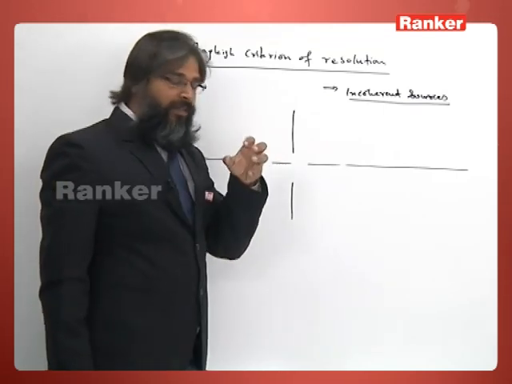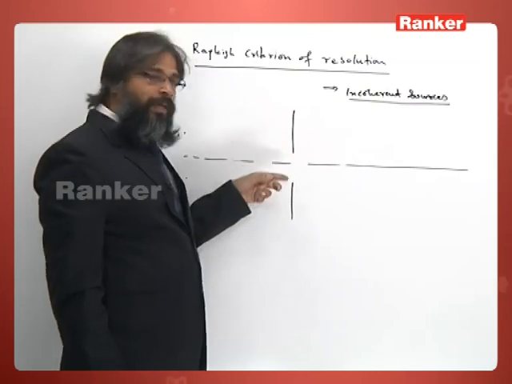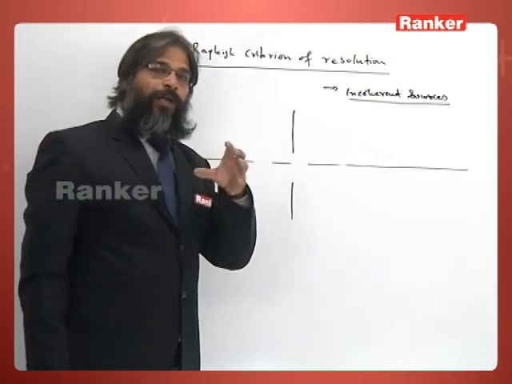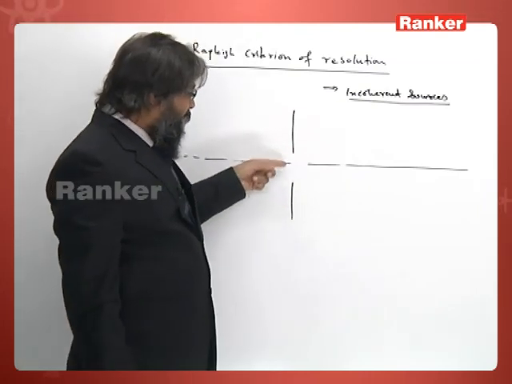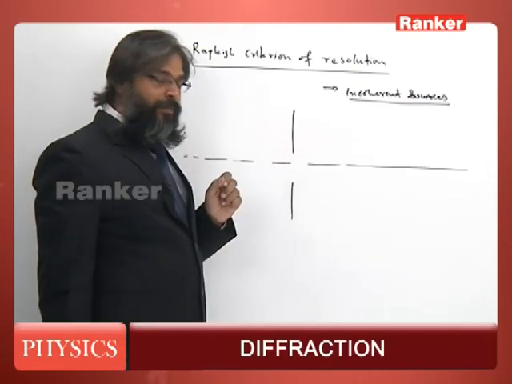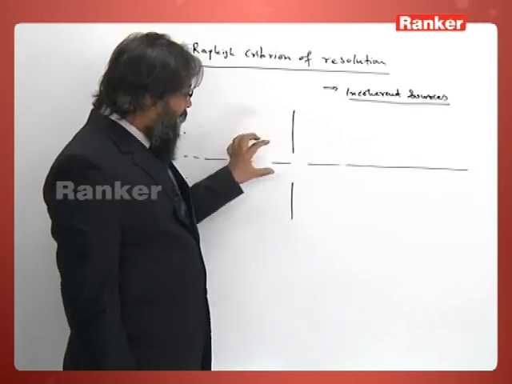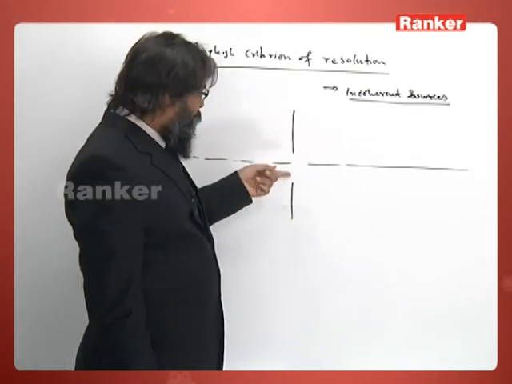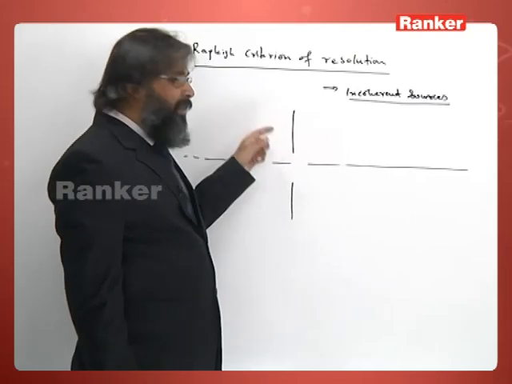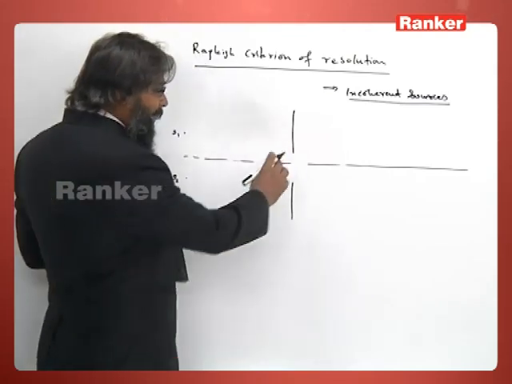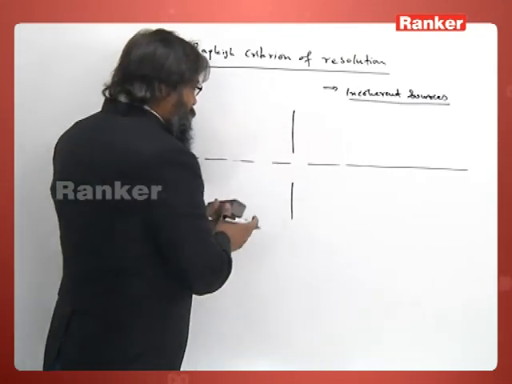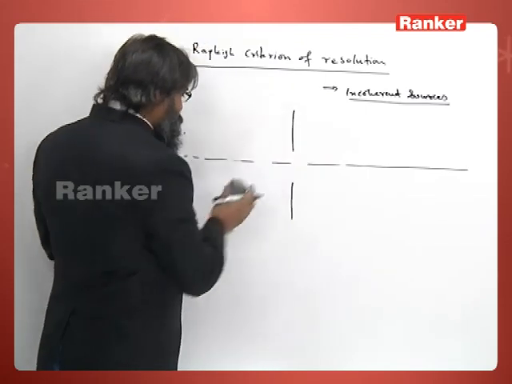My camera lens also has a circular opening. The camera lens acts as a slit. In a telescope, the objective acts as a slit. In a microscope also the objective acts as a circular opening. So that acts as a Fraunhofer diffraction slit.